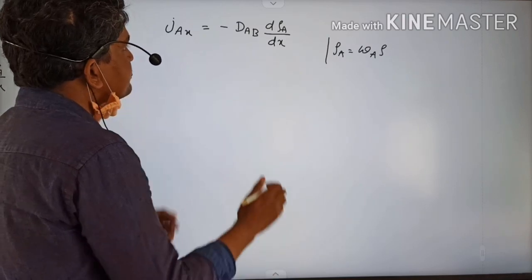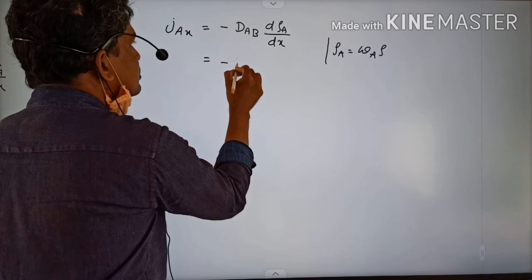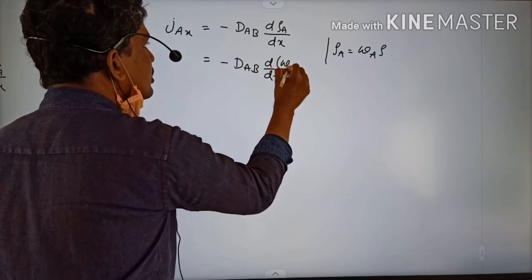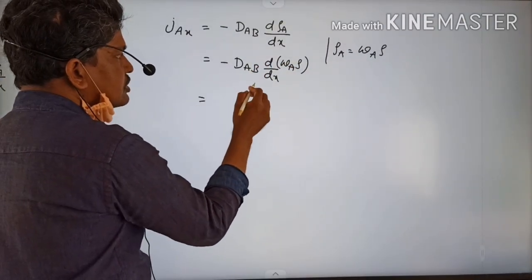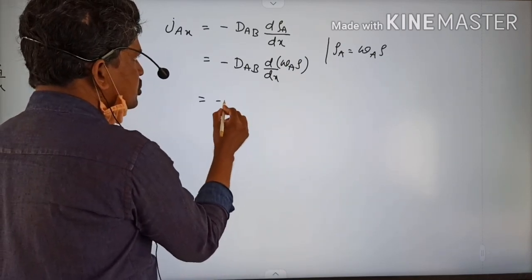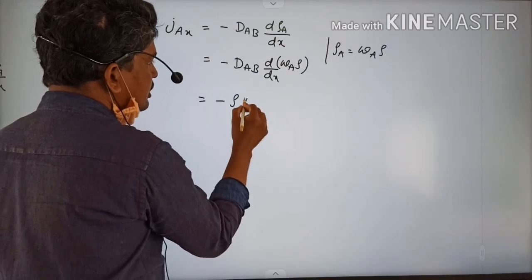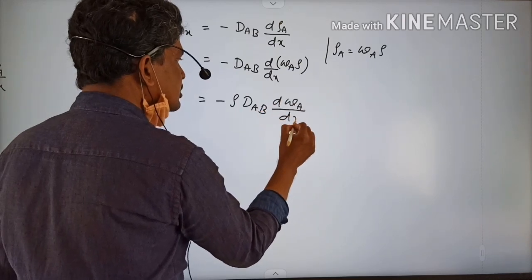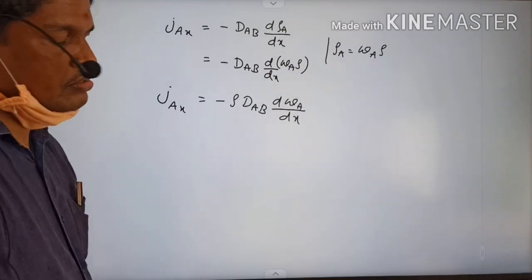So you can write Jx equal to minus DAB into d by dx of WA rho. Rho is constant because it is independent of the position x. Then Jx is equal to minus rho into DAB into dWA by dx. This is another form of Fick's law equation.